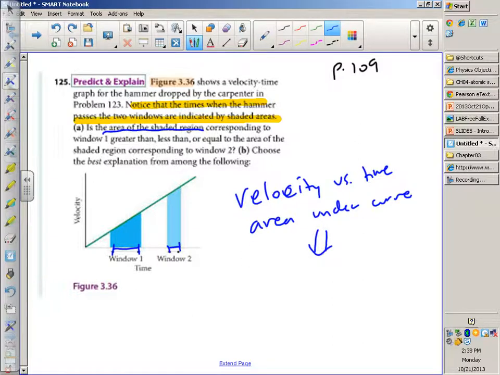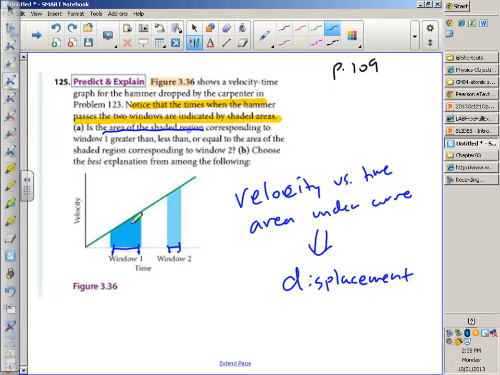Do we remember what it told us? The area between the x-axis, it tells us the displacement of the object during that time. So we've already established that it's a shorter time that it takes the hammer to go past window 2 than it is to go past window 1.